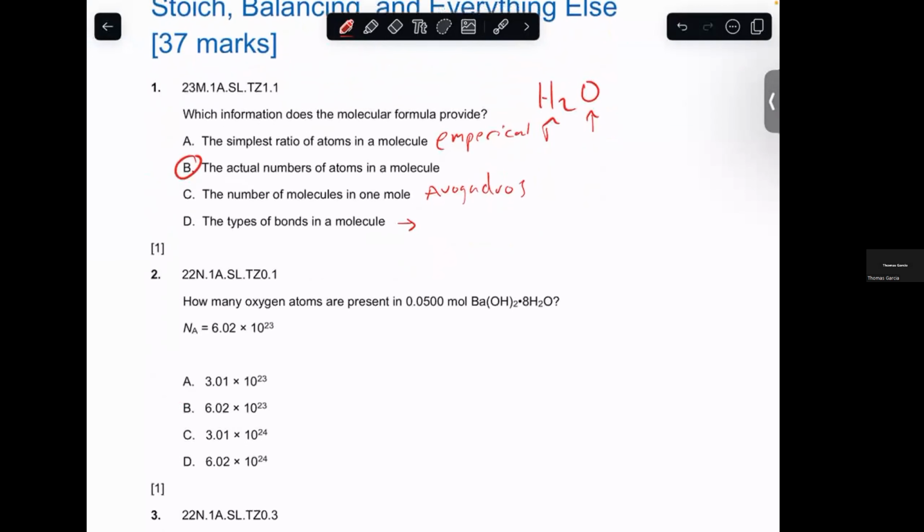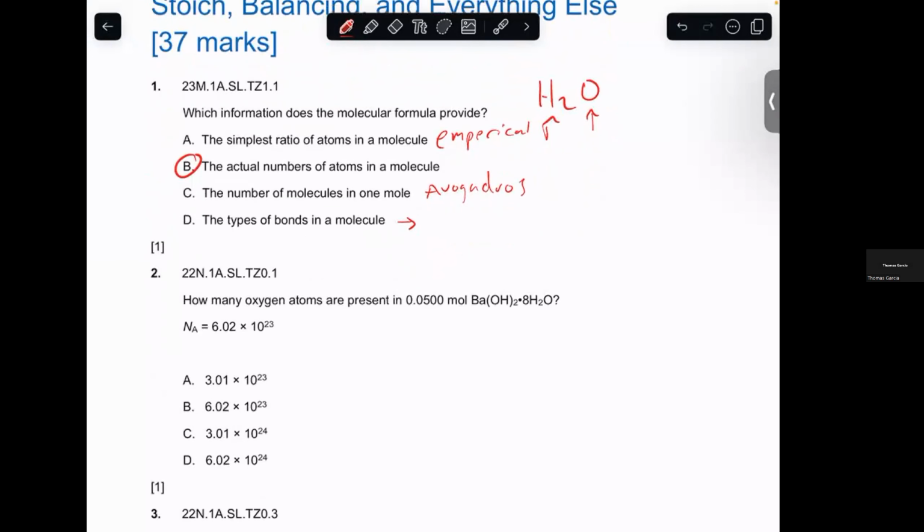How many oxygen atoms are present in 0.05 moles of BaOH2, 8 water? What we're going to do is see that there are 8 oxygens here, 2 oxygens here. There are 10 oxygens per molecule.